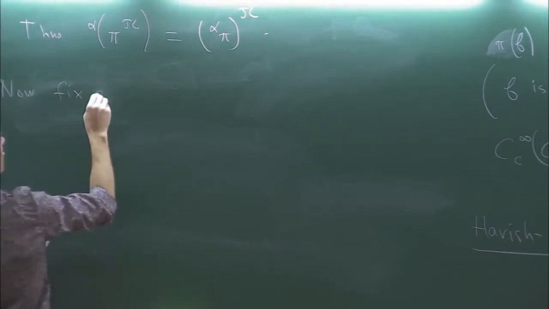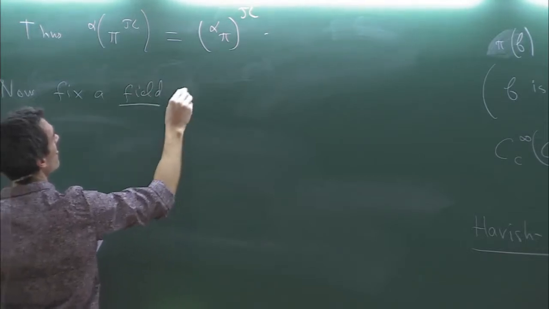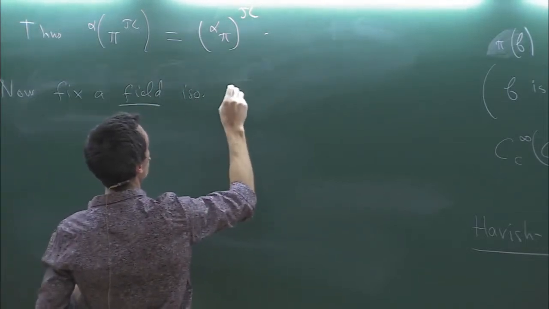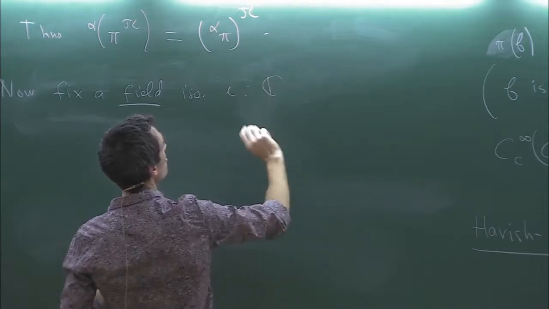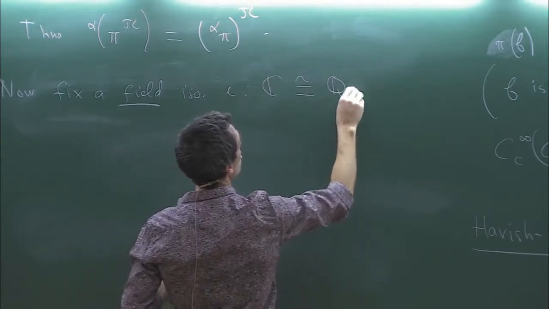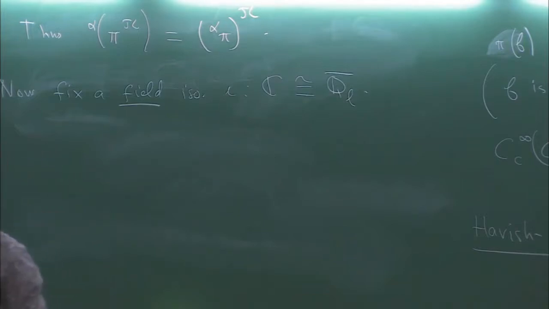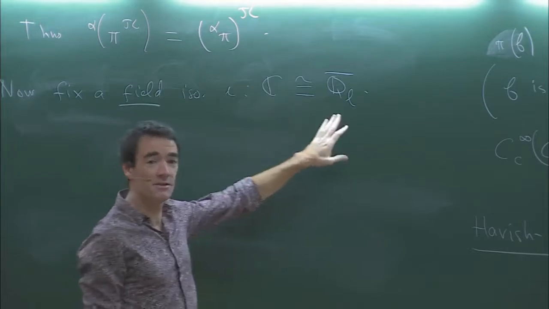Okay. Now, fix a field isomorphism iota between C and QL bar. You now fix a field isomorphism between C and QL bar.